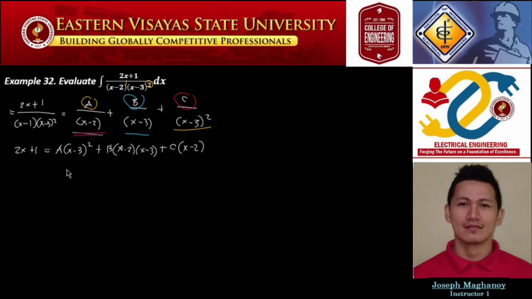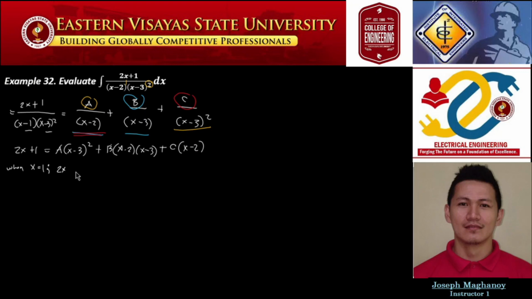So we have an equation. We have values to assume. First we start with, if we equate to 0, we have 1 and 3 from the denominator. So when x is equal to 1, we can determine a.